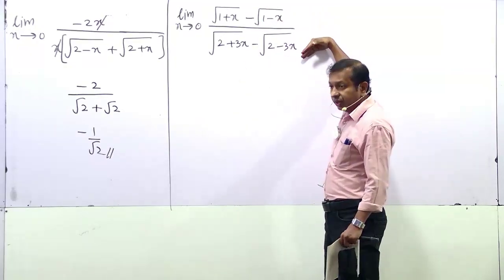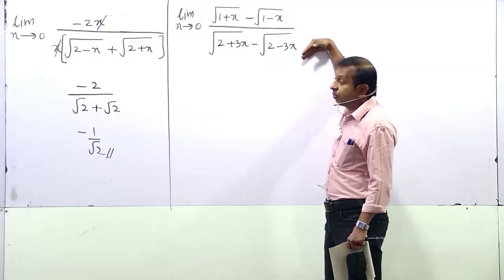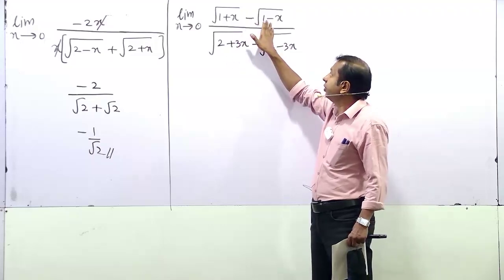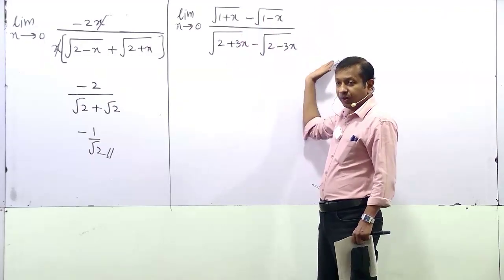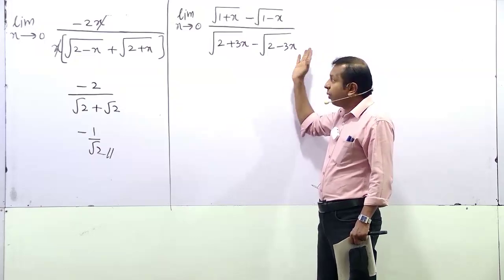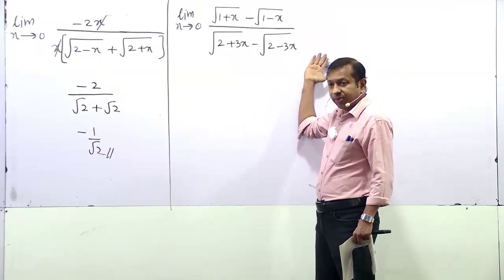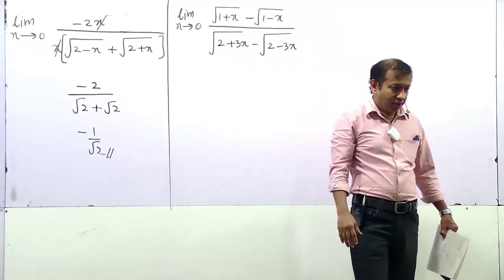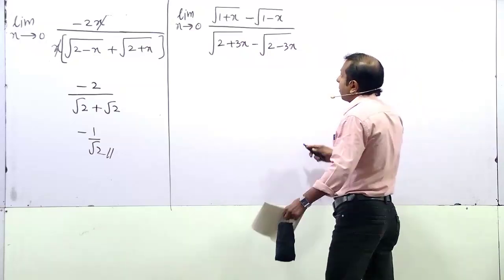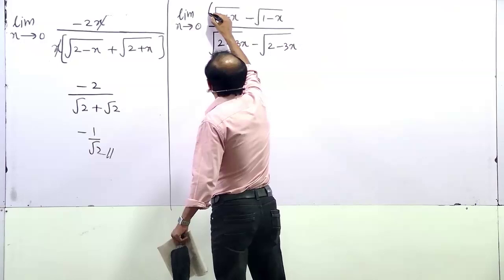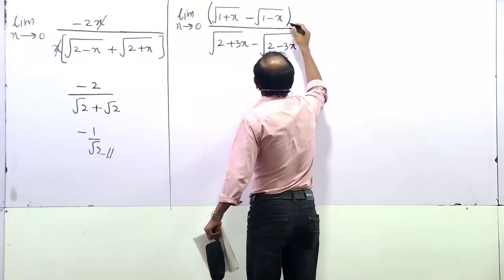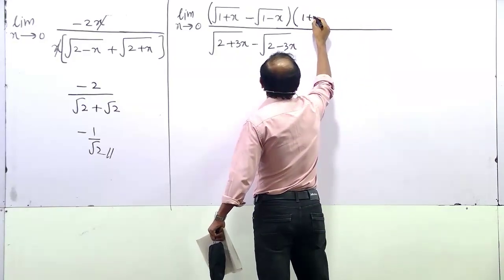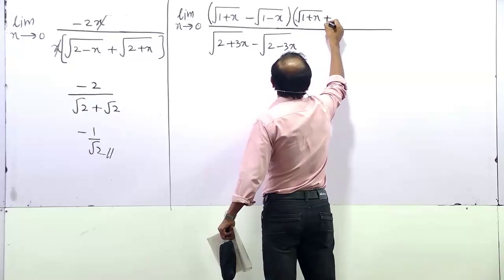Both numerator and denominator, first I multiply by the conjugate of the numerator. That means this plus this. By that we multiply numerator and denominator. Secondly, again numerator and denominator we multiply by the conjugate of this. Understand? A long expression is coming. Yes. Okay. Then I am writing like that. So first I multiply this by its conjugate. This way I write root 1 plus x plus this.